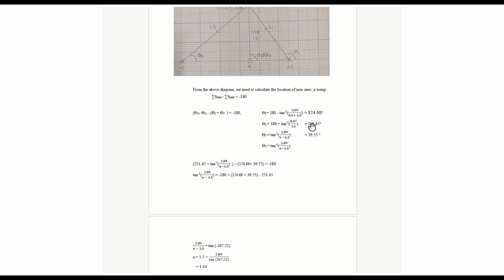We only use the basic Pythagoras theorem to obtain that zero location. So we get our zero location at negative 1.34, and after we know the location of the zero, we need to know the value of gain K needed to obtain that pole location.